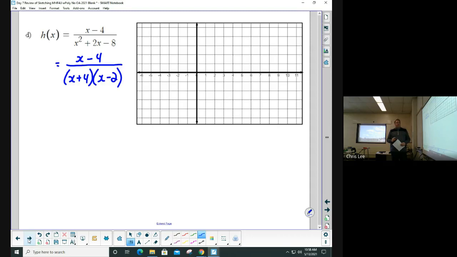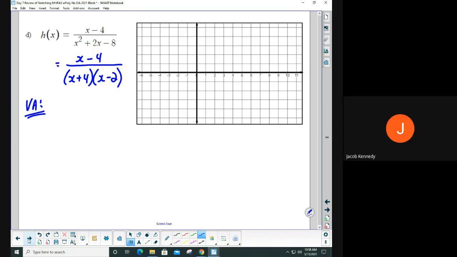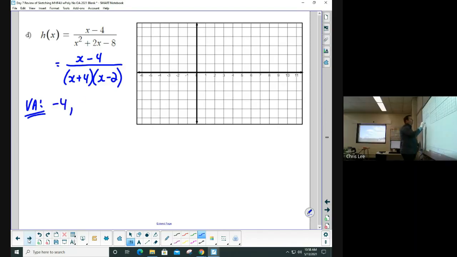All right, so it is in factored form, which means I can find vertical asymptotes. Can someone tell me quickly what the vertical asymptotes on this one is? -4 and +2. Excellent. We would then go off and do test points. I'm going to do the test points really quickly here because we got to remember this.